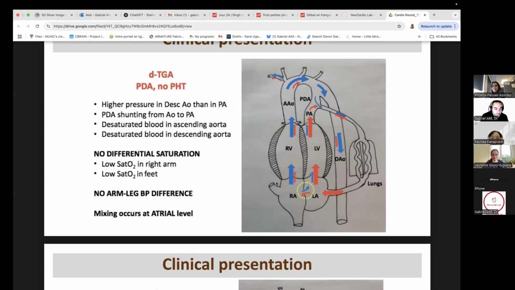And that's true also for a VSD, by the way, because VSD, the pulmonary valve and the aortic valve will open in systole and blood flow will be generated in the aortic compartment and pulmonary compartment during systole by the underlying ventricles.